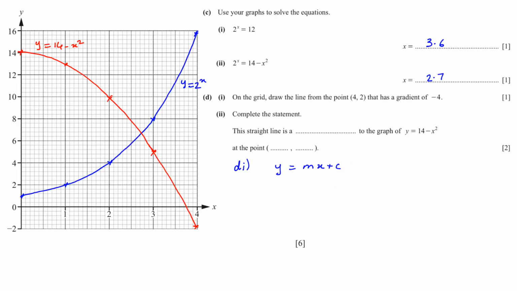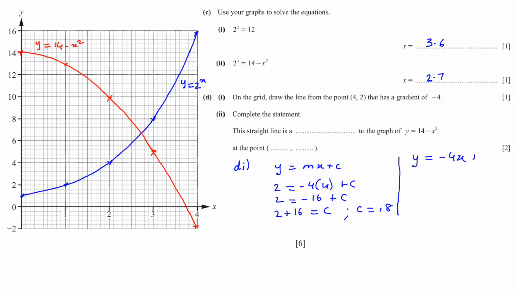So replacing that, 2 is equal to negative 4 times 4 plus c. 2 is equal to negative 16 plus c. When we bring it to the other side, 16 will turn into positive. C is 18. Therefore, our equation of line is y is equal to negative 4x plus 18.